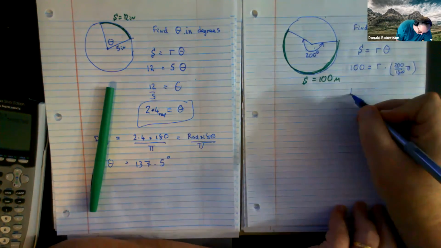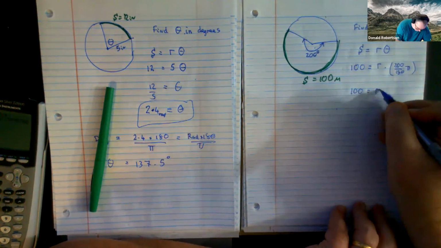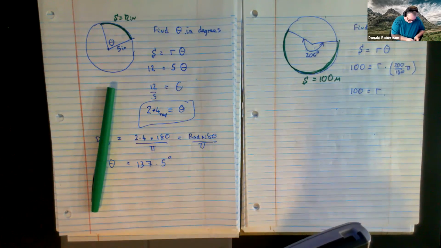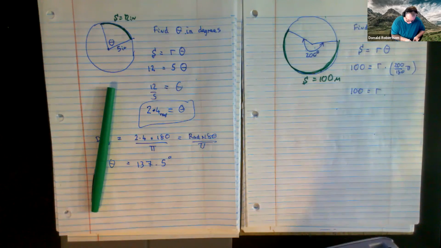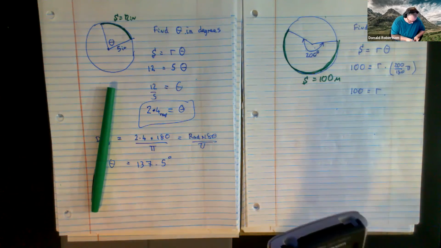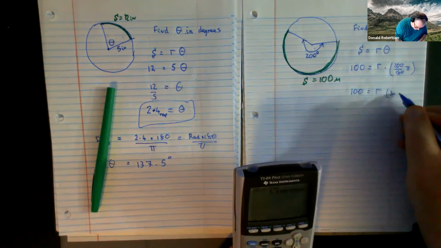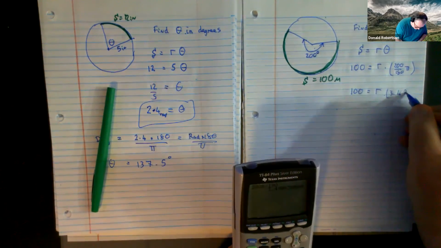And that would be, oh, let's use a calculator. So it's going to be 200 pi divided by 180, and that is roughly 3.49.